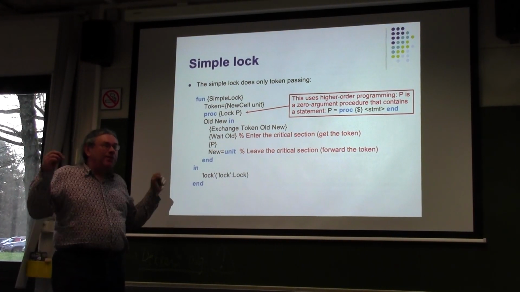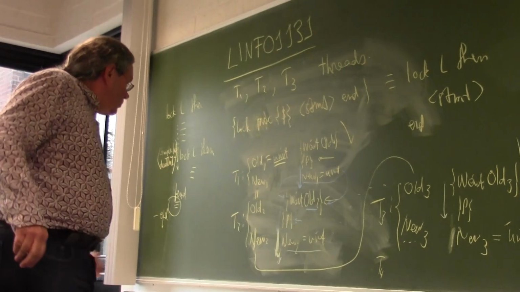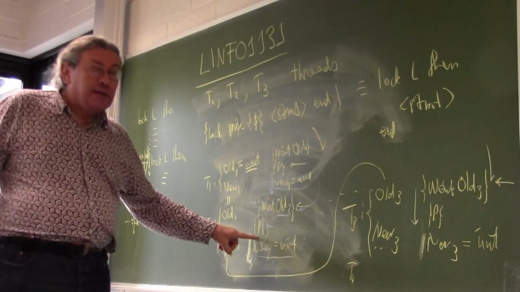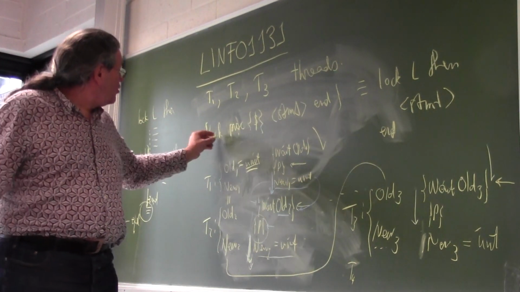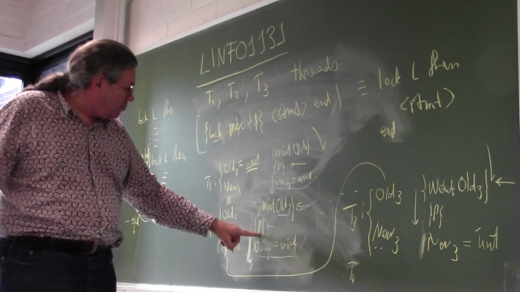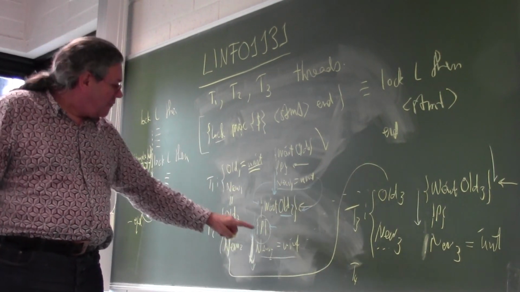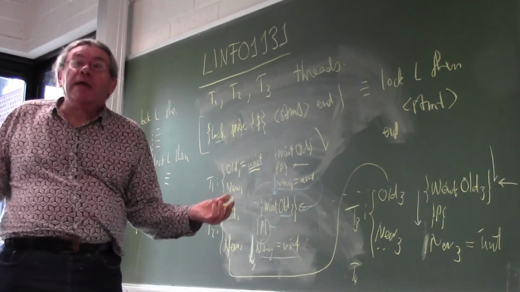Now this one is not reentrant, because what if T2 is running here, and inside this P there's another lock, another call to this. It's possible. Everything's possible. This P can have this. If that happens, T2 will do another exchange, and it will wait.